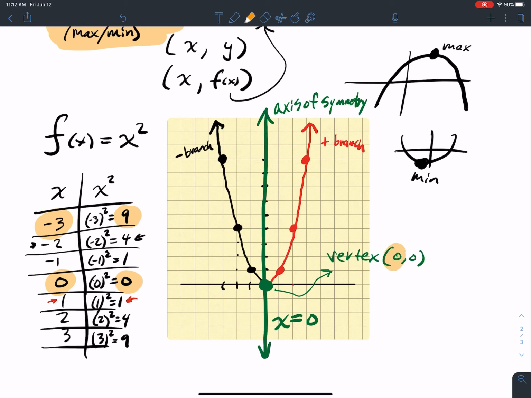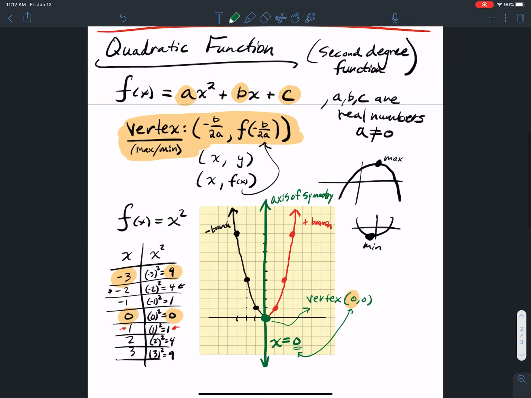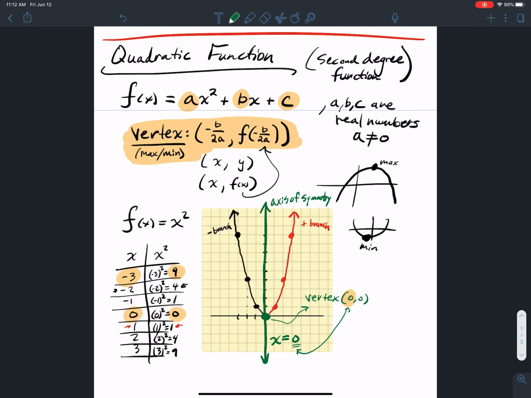So that x coordinate, or component of the coordinate, actually tells us the number x equal to that number is the axis of symmetry. Okay, so the vertex helps locate the maximum or the minimum of the quadratic, but it also tells you the axis of symmetry where it splits it basically in half.